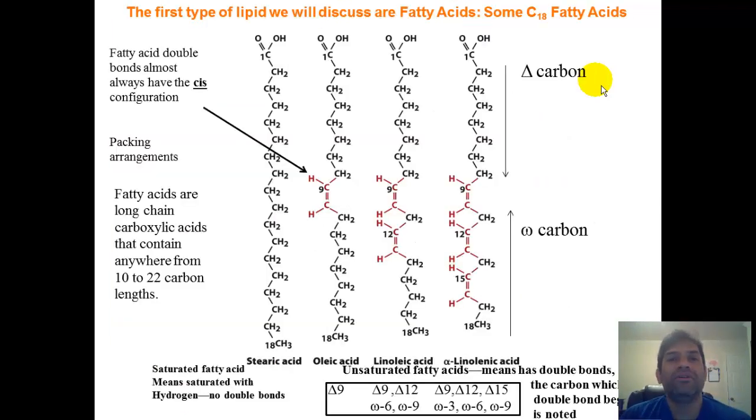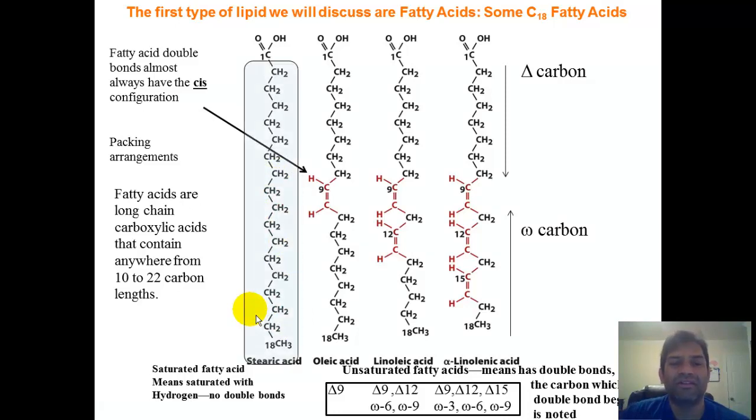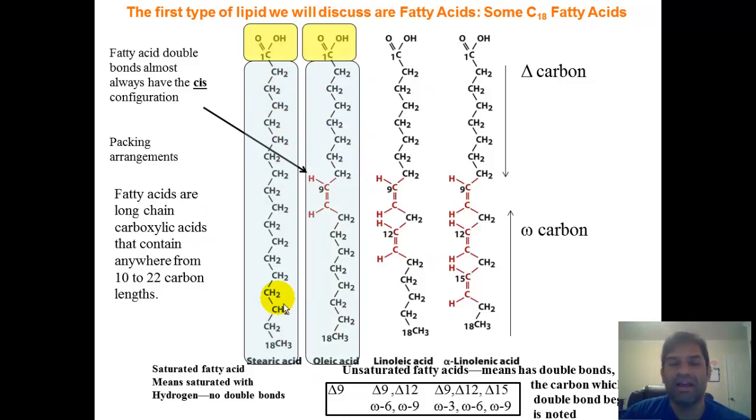So here's a review of fatty acids, particularly their nomenclature. Long-chain carboxylic acids: we can actually divide this molecule into two parts. One part we're going to call the acyl chain, and then that little head group here usually is polar and has a negative charge affiliated with it.